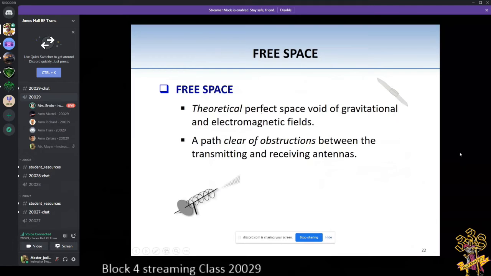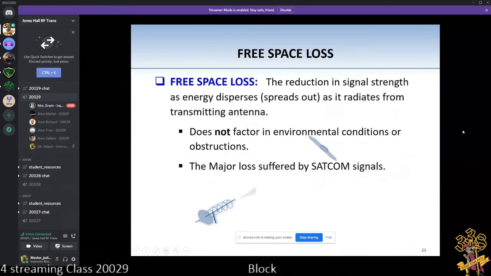Now, even though there is nothing between this transmitting antenna and that receiving antenna to mess with your signal, there's no trees, there's no buildings, you're still going to have a path loss. Excuse me, you're still going to have what's called free space loss.